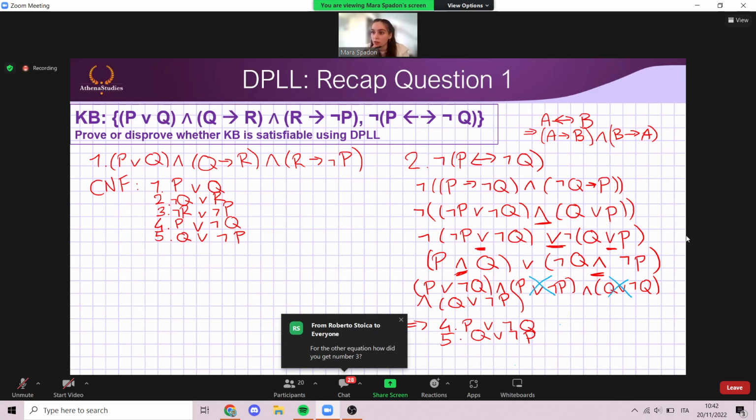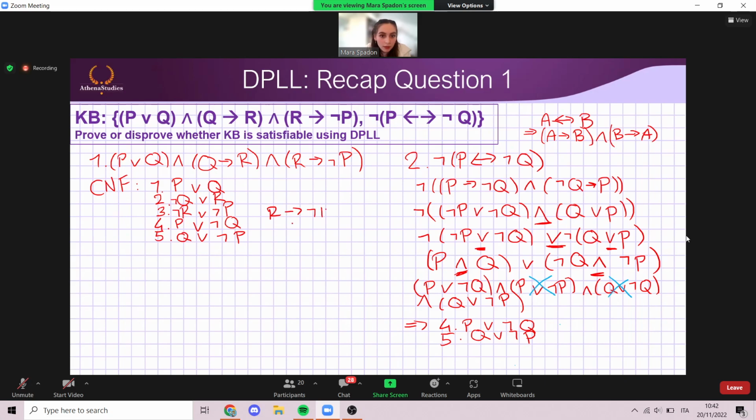For the other equation, how did you get number 3? That is just r implies not p. And because of this implication, we can rewrite it to not r or not p. Was that your question, Roberto?